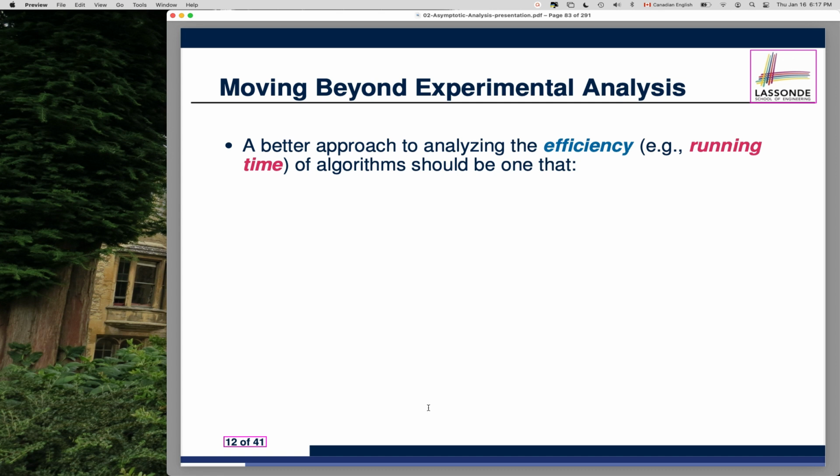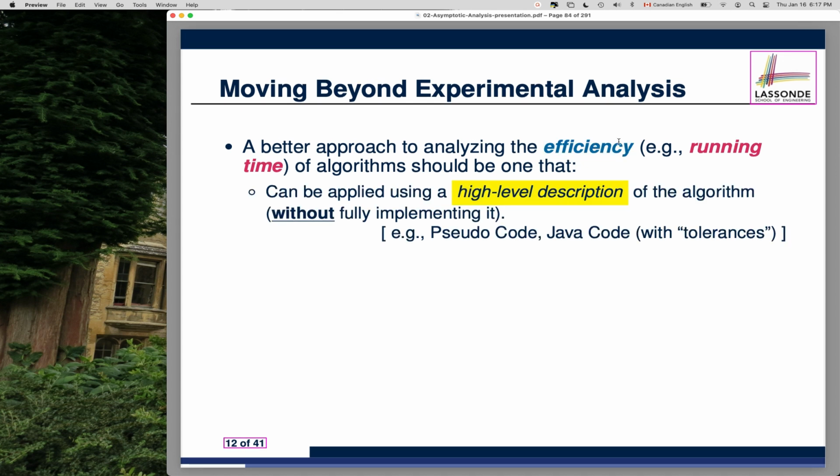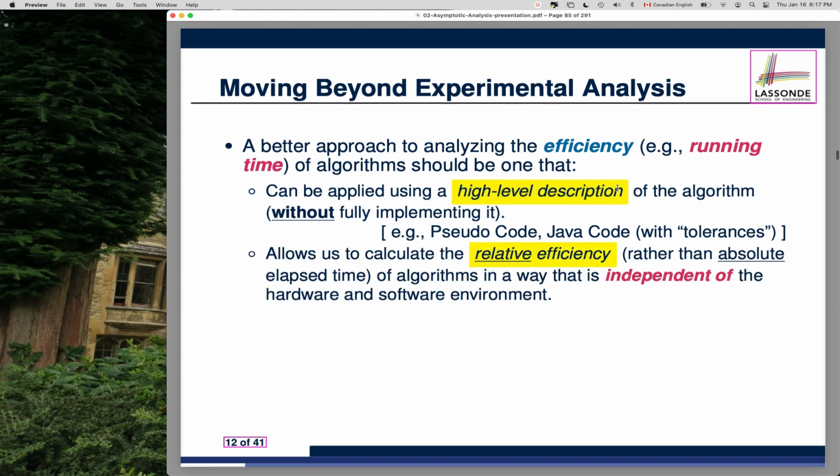How do we move beyond experimental analysis? We want to analyze efficiency, about running time. So there should be some high-level description. We're going to stick to Java for our analysis purposes. And also, we want to make sure we are going to measure relative efficiency. We're not so much concerned about the absolute running time.